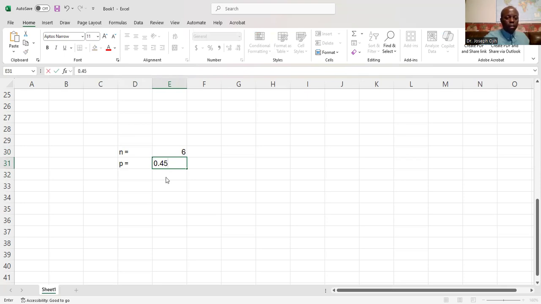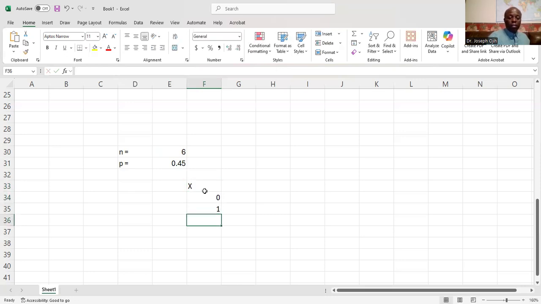Okay. So you have your X. Sorry, let me just put it here. X. So I'm going to go from 0, 1, 2, 3, 4, 5, 6. Then probability of X here, Px.